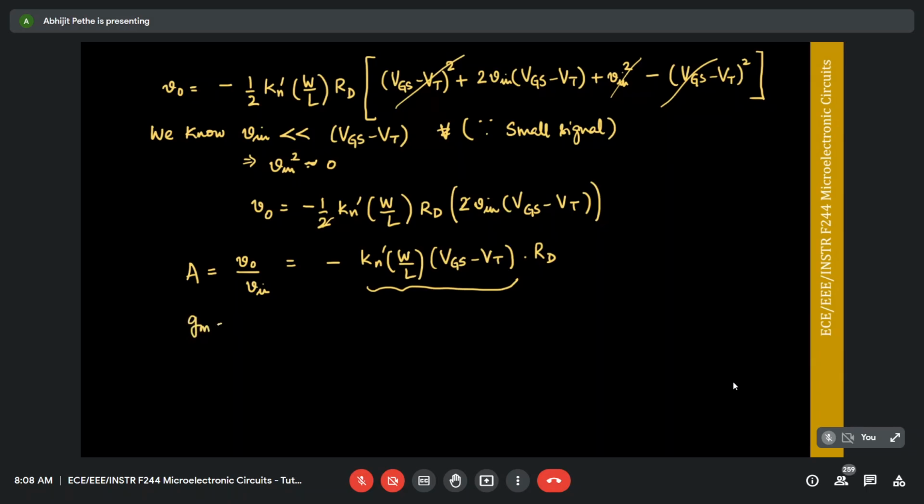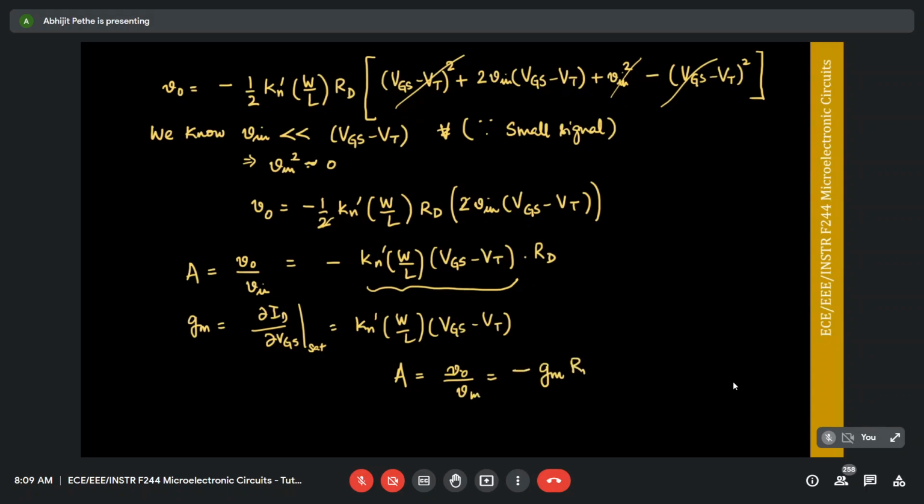Gm is equal to what? Gm is nothing but dou ID by dou VGS, right? In saturation, which is Kn prime W by L VGS minus Vt. And so therefore the gain, V0 by Vin, is given by minus gm RD.